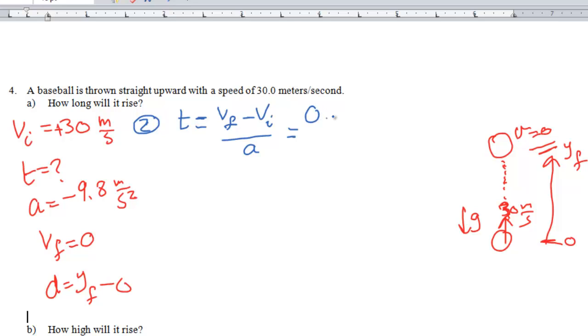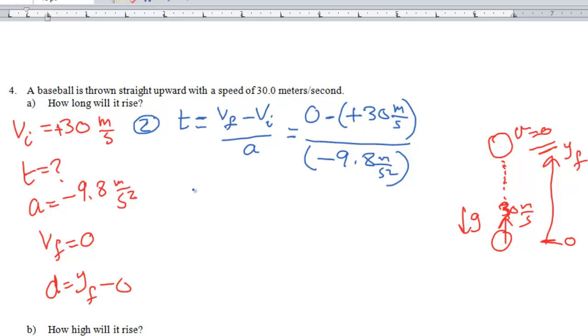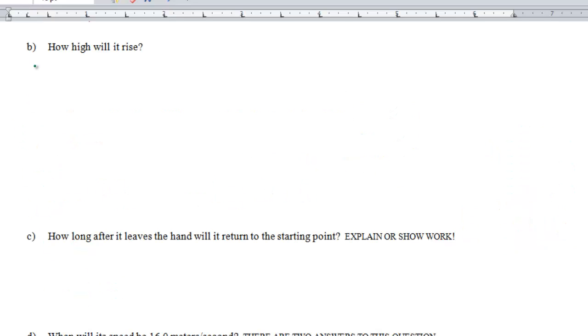I'm going to plug in the values. V final is 0, v initial is positive 30 meters per second, and the acceleration is negative 9.8 meters per second squared. If you carry out the calculation, this should yield 3.1 seconds.